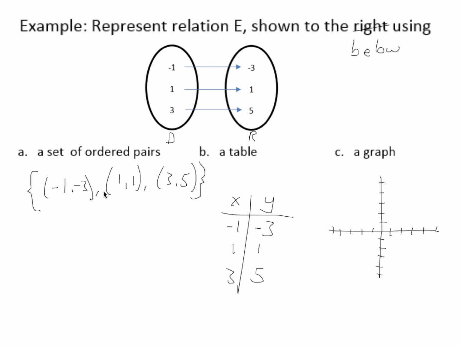So our first one, (-1, -3). So (-1, -3) is here. (1, 1), so right one, up one, and (3, 5), 1, 2, 3. It's about right there. And so there are the lists, the graph. There's the graph. The one we don't have here is an equation.